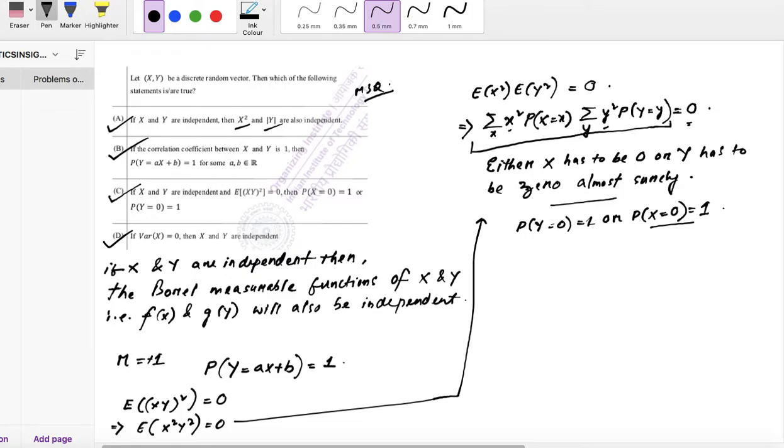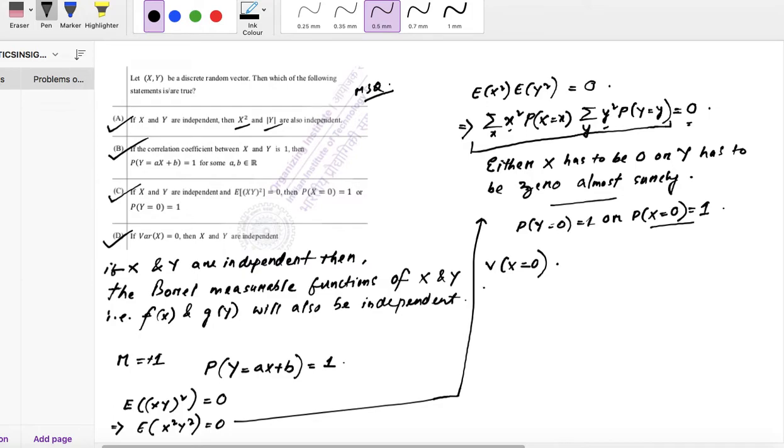Now comes option D. Here it is given, if variance of x is equal to 0, then x and y are independent. This is an obvious result. We are given that variance of x is equal to 0. What does it mean?